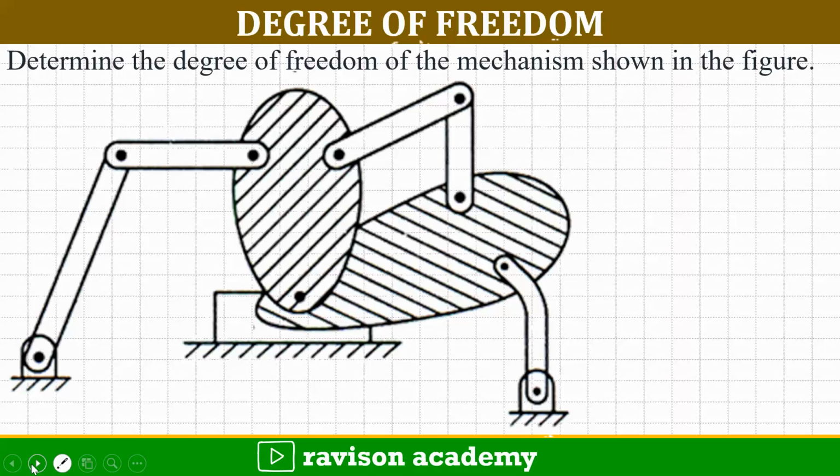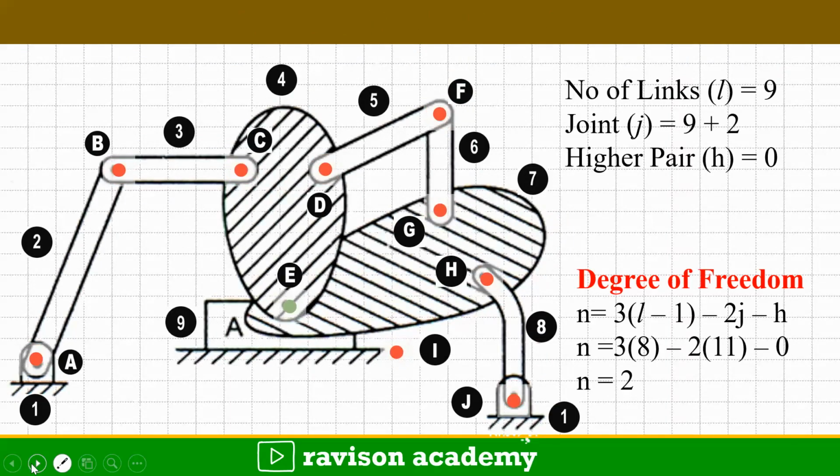So this is another mechanism where you have sliding pairs and turning pairs. All the links should be numbered 1, 2, 3, and the joints should be named with alphabets. Number 1 is a fixed link. Here you have the fixed link 1, link number 2, and link number 3. 3 is a binary link.